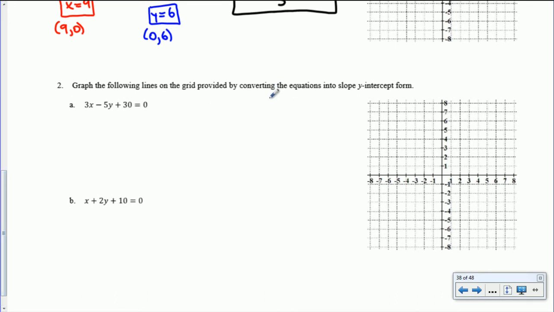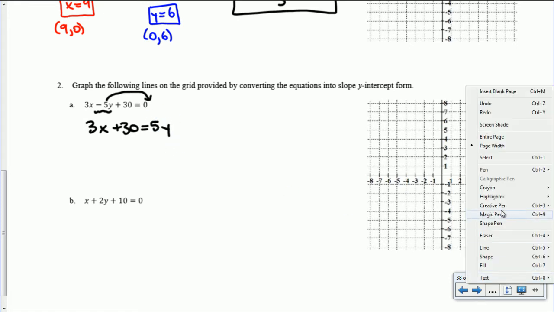Alright, so convert it to slope y-intercept form. I need to get y on its own. So it would probably be helpful for me to bring this to the right side of the equation first so that it's just positive y. You might prefer to do it slightly differently, but I'm going to go for that. So 3x plus 30 equals 5y. And now I'm just dividing by a positive number.